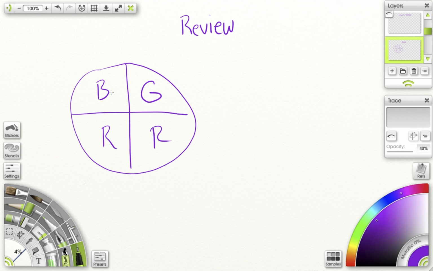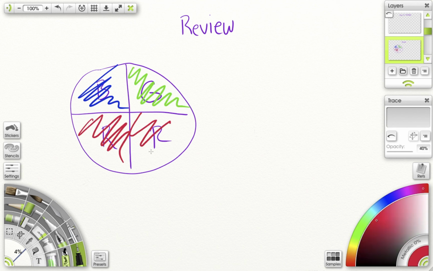So these are meant to be the colors. So this is blue, green, red, and red. We're going to talk a little bit about what the likelihood of landing on a certain color is. What's the likelihood of landing on the color blue?